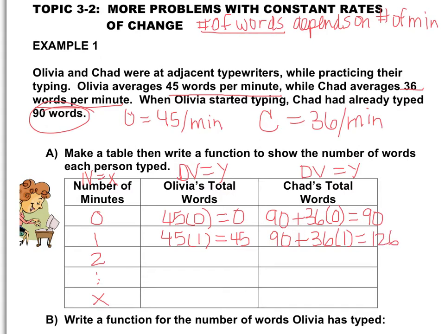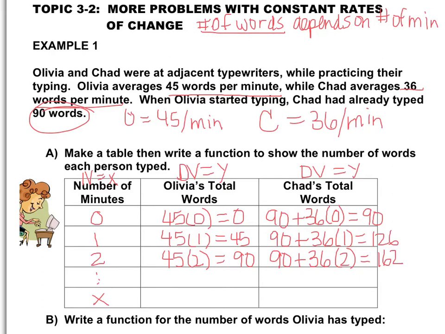And then after 2 minutes, Olivia is 45 times 2. It's 45 for every minute, so 45 times 2 minutes. Now she's at 90 words. Chad had that initial 90 words plus 36 times 2 minutes, because 2 minutes have gone by. And that's going to equal 162.